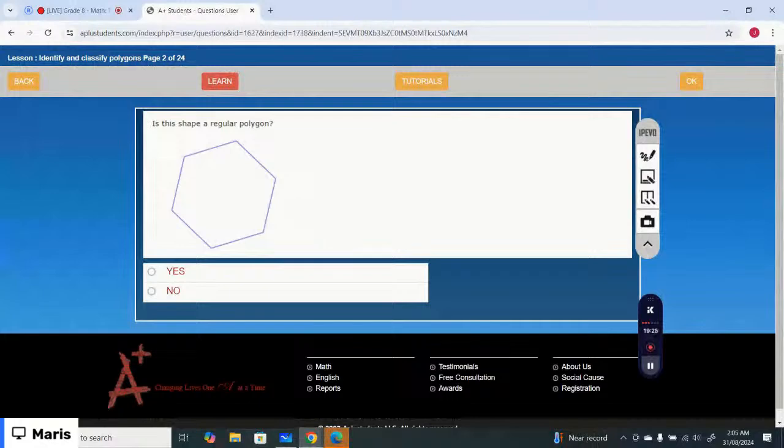Is this shape a regular polygon? The correct option is yes, this is a regular polygon. So the correct option is yes.